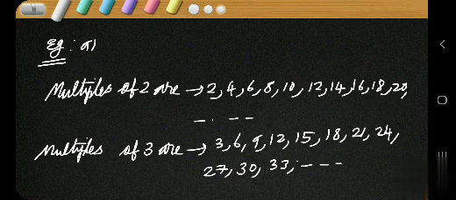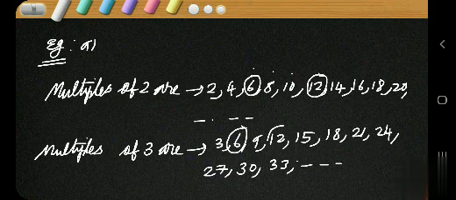Then, which are the multiples that are common to both 2 and 3 we found earlier, isn't it? Which are they? 2 is here, 2 is not here, 4 is here, 4 is not here, 6 is here, 6 is down also. So 6 is a common multiple of 2 and 3. Next 8 is here, not here, 10 is here, 12 is here.